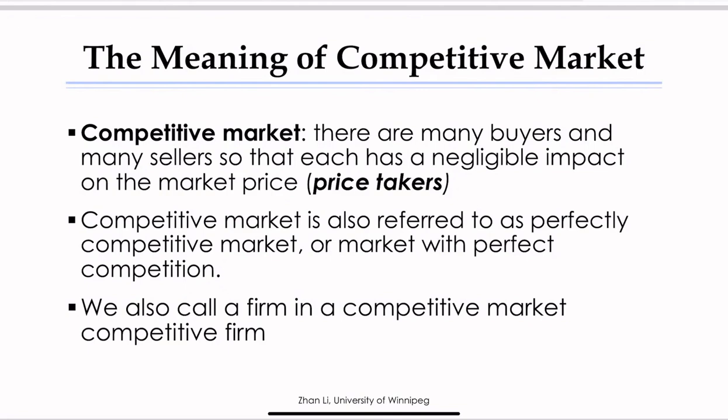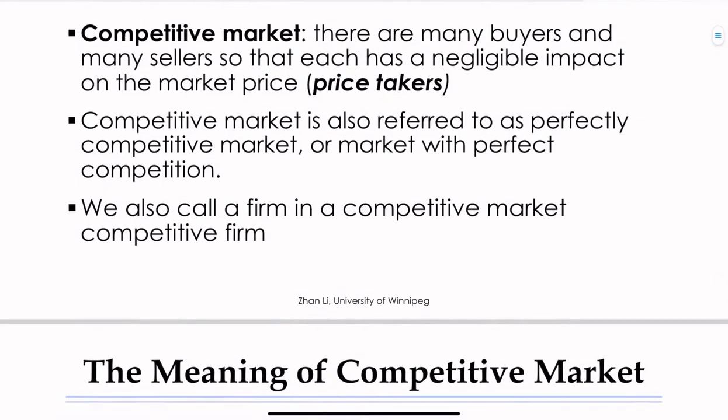Well, because we want to make sure that each buyer and each seller would only have very little impact on the market. In this case, we call these buyers and sellers in the competitive market price takers. Again, the reason is because you have so many buyers and sellers, so each one of them only has very little impact on the market price.